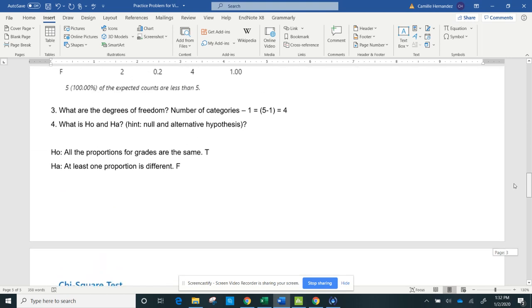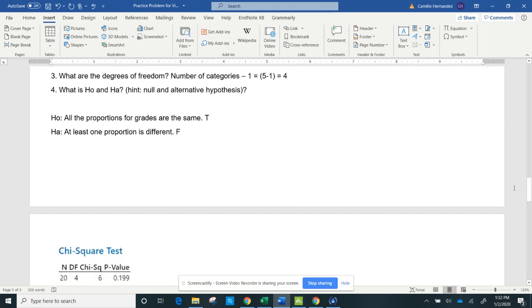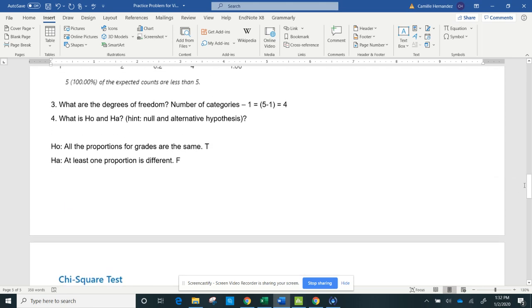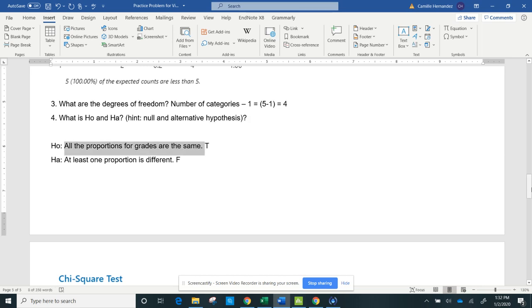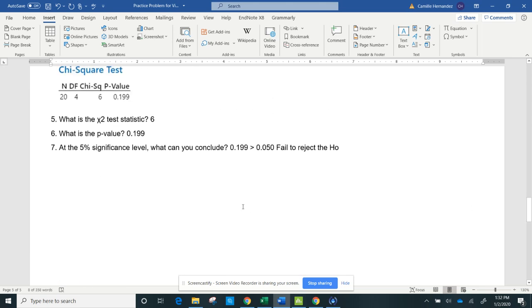So because I failed to reject the null again, here I am. All the proportions for the grades are the same. So then I'm going to be lazy and take my hypothesis, and this is another case of if you write really good hypotheses, it makes your life so much easier at the end. So I'm going to paste that there, and I'm going to take this line here too, and I'm just going to throw it in front of there.